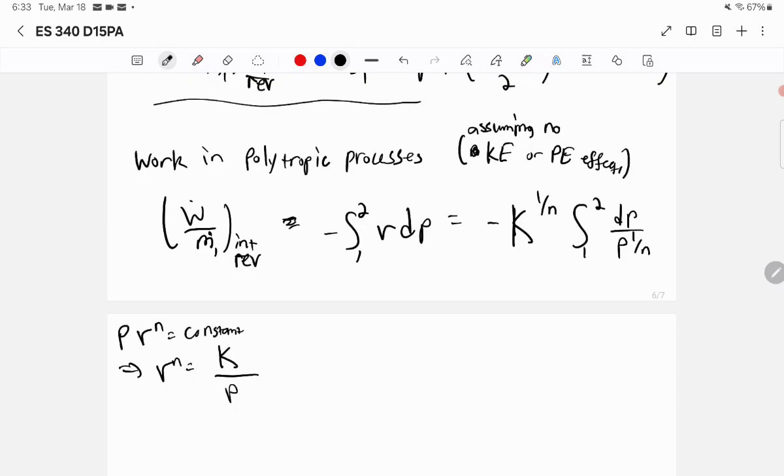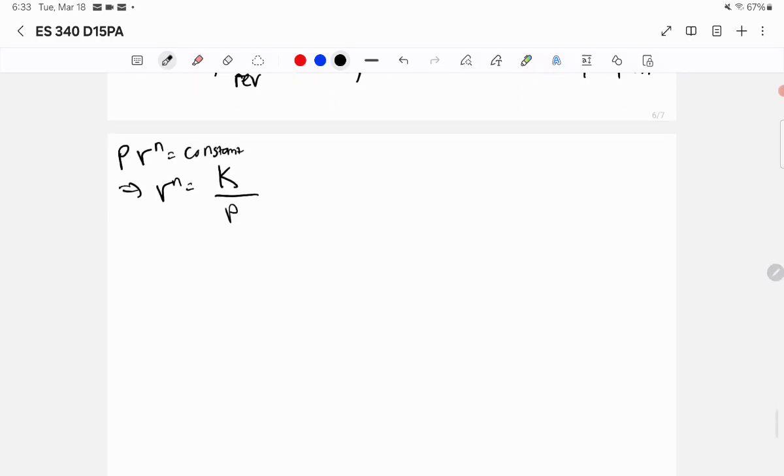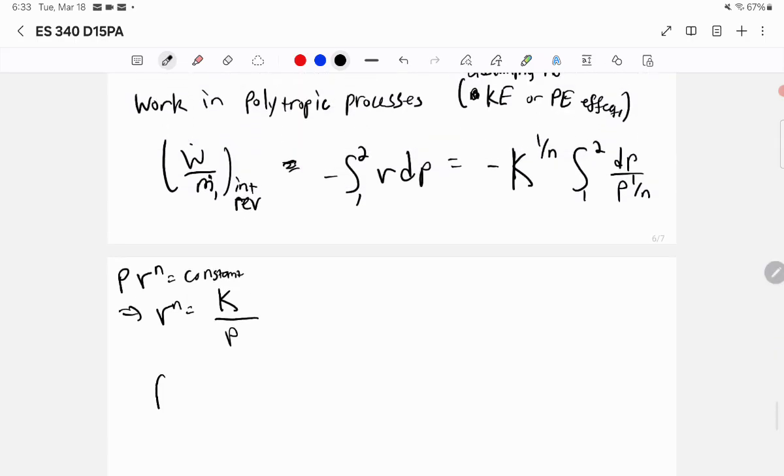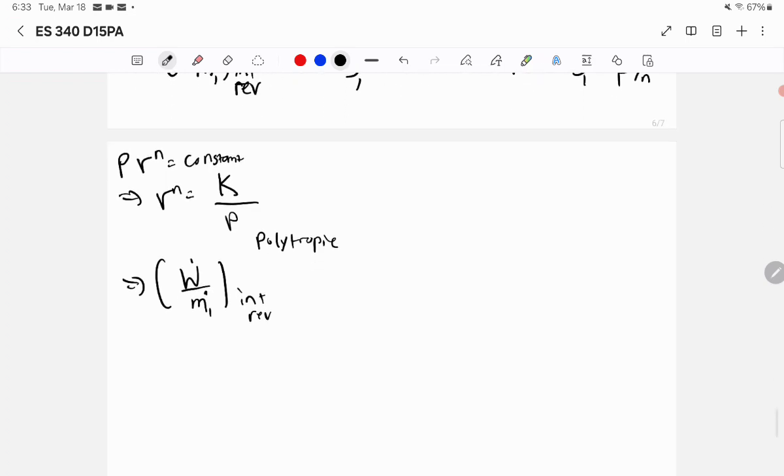And then obviously you should be able to carry this out further, but that means that W dot over m1 dot of an internally reversible process that's polytropic is equal to minus n over n minus 1 times P2 v2 minus P1 v1.